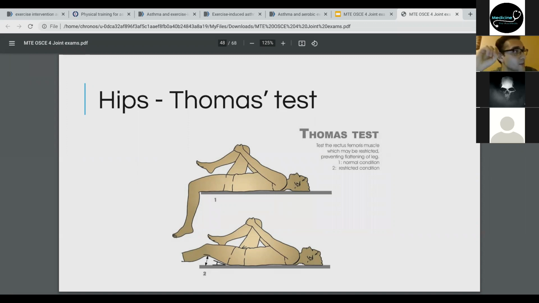A positive Thomas test is either if the resting leg, the leg that's against the bench, lifts off more than 10 degrees from the bed, or if they're unable to keep a flexed knee, so if that knee straightens out, or if they have to arch their back, their lumbar spine, in order to keep their resting leg on the table.